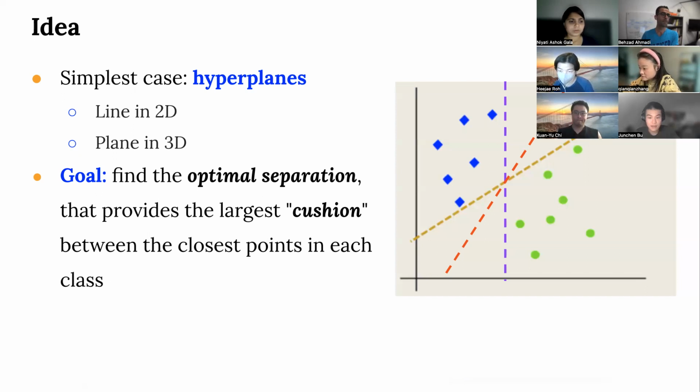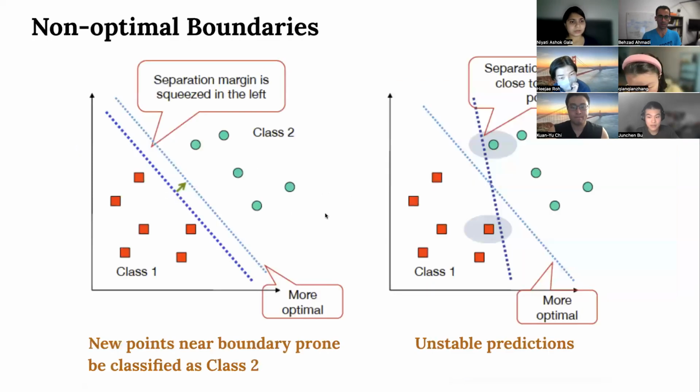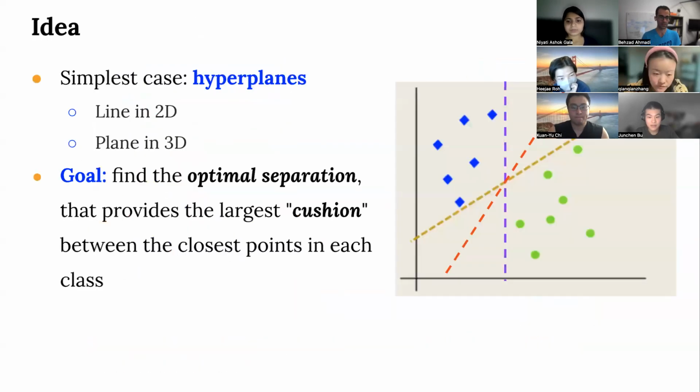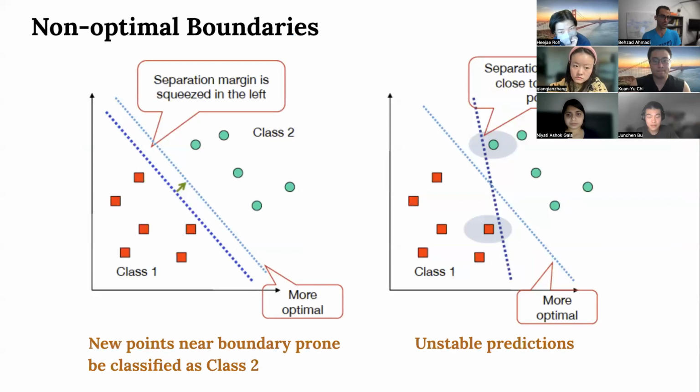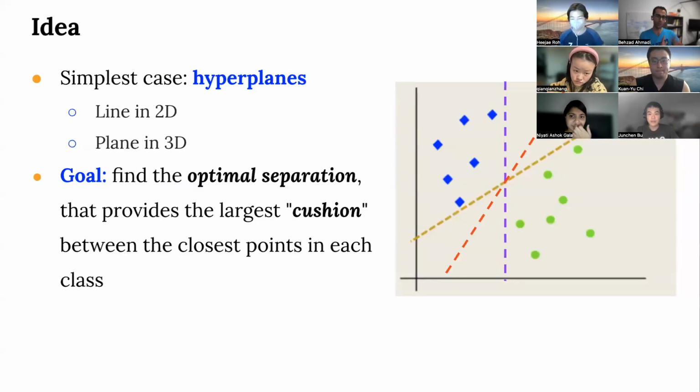Yeah, Niyati. So Professor, when you say cushion, what exactly do you mean by the cushion between the closest points? That's a good question. Yeah, we'll get to actually kind of see that. What do we mean by cushion? So at least in the previous case, we mathematically understood the probability of each class.